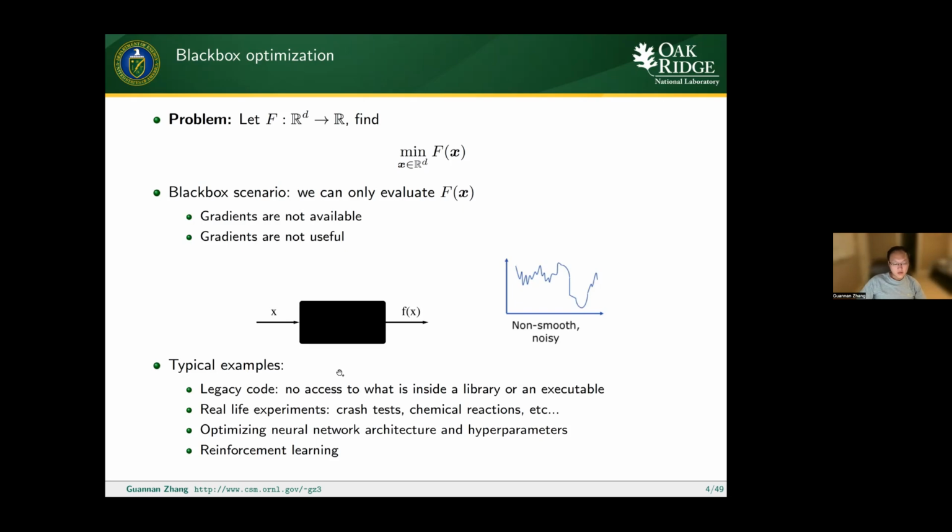Another application is the optimization of neural network architectures, basically hyperparameter tuning, which can be viewed as a black box optimization problem. And reinforcement learning is another one, because the simulation of the underlying dynamical system is usually also not automatically differentiable.